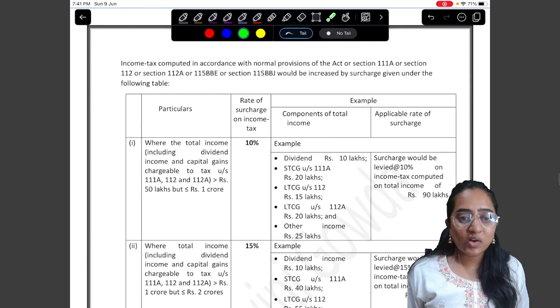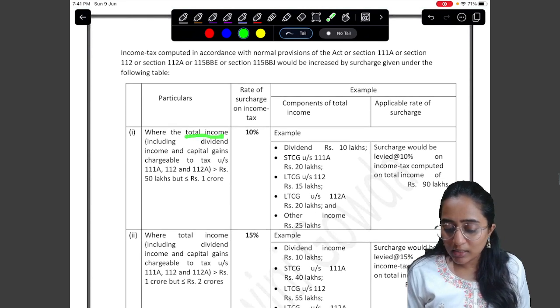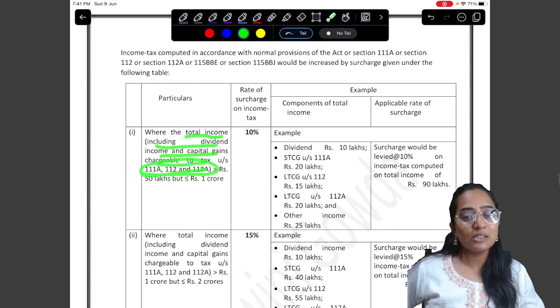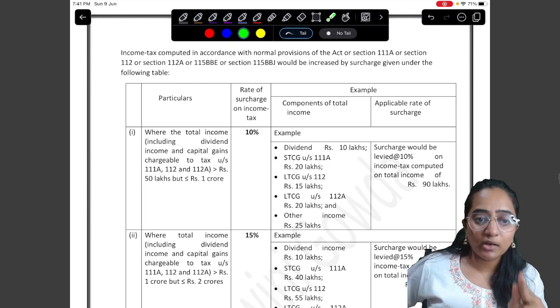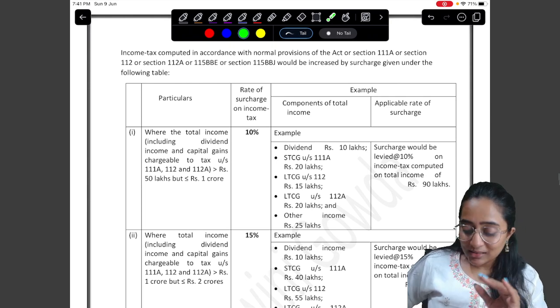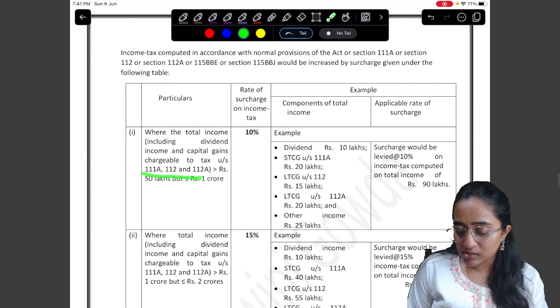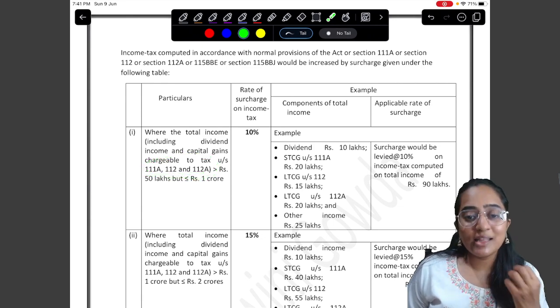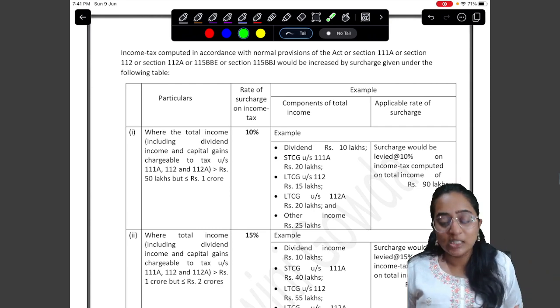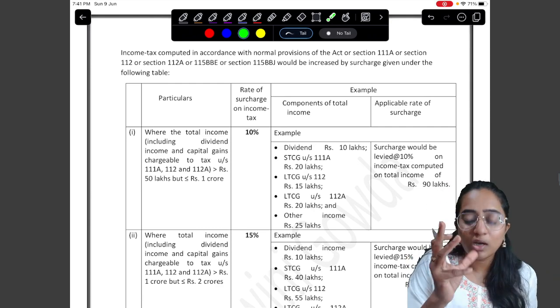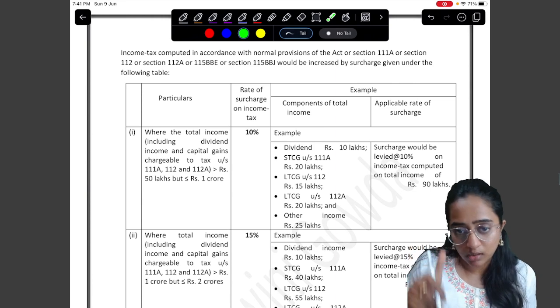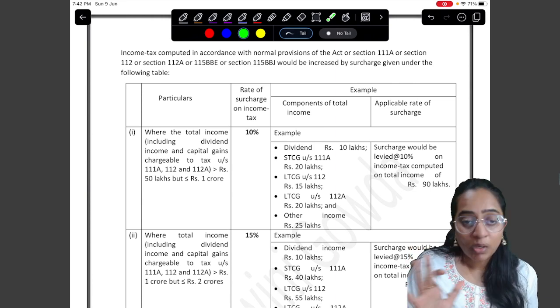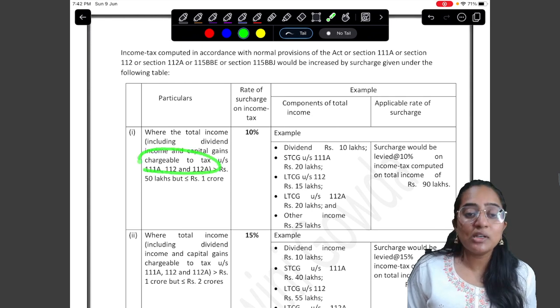What do I mean by this? Try to understand. Total income including dividend and capital gain, that is capital gain which is coming under these three sections, 111A, 112, 112A. Remember, as of now, these three are the capital gains wherein there is a special rate of tax. The special rate of tax, the small coverage of the point, we are going to see in these basic concepts only. But try to understand, these are having special rates of tax.